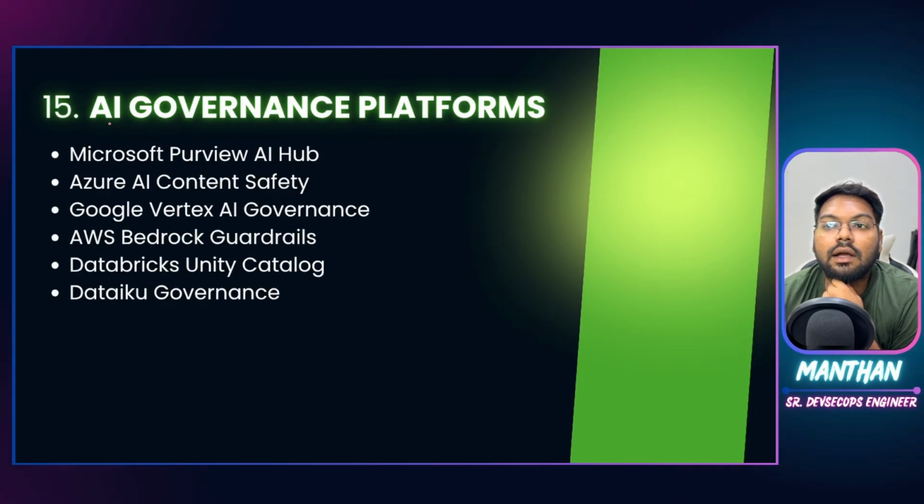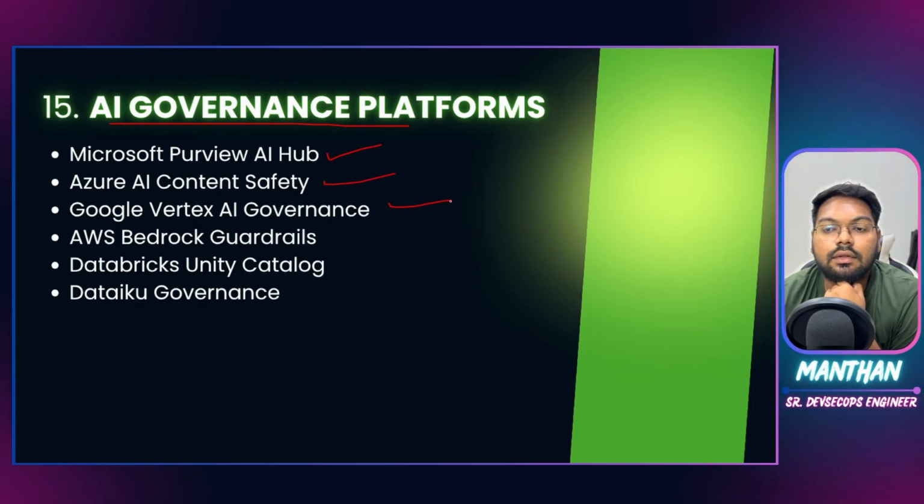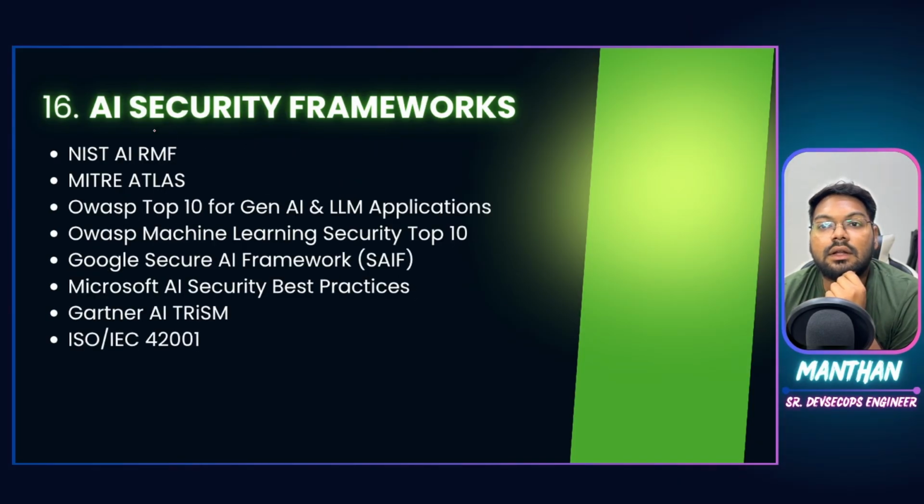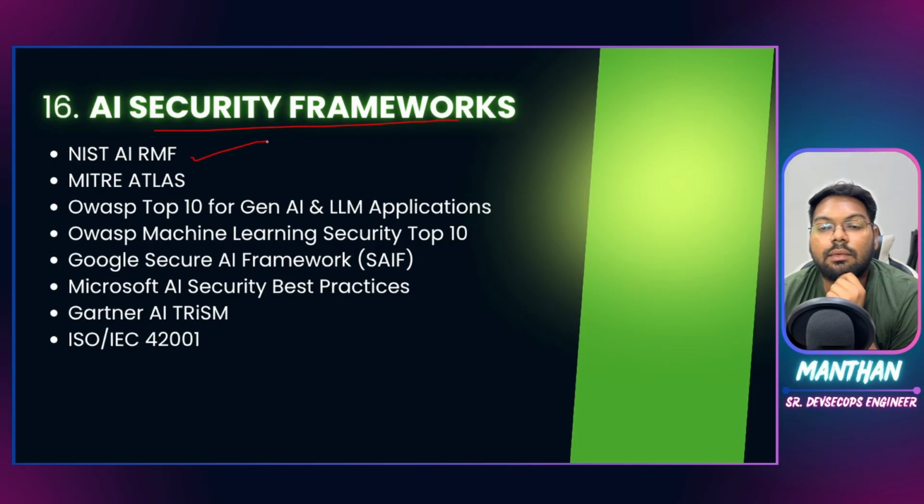Then come different AI governance platforms. So Purview, AI Content Safety, then Vertex AI governance, Amazon Bedrock Guardrails, and these are a couple of things that help you in implementing AI governance for your models. Then these are the different frameworks we discussed earlier.